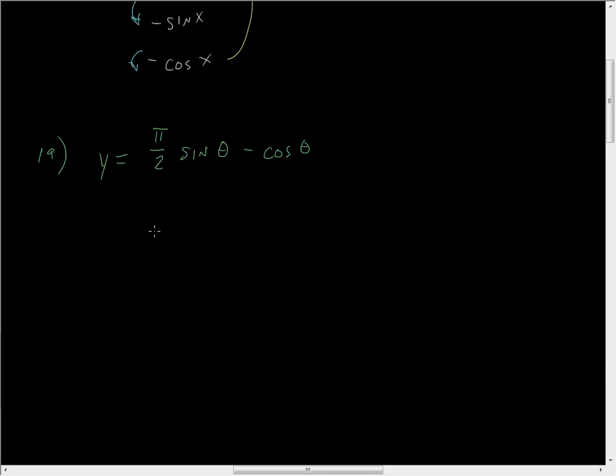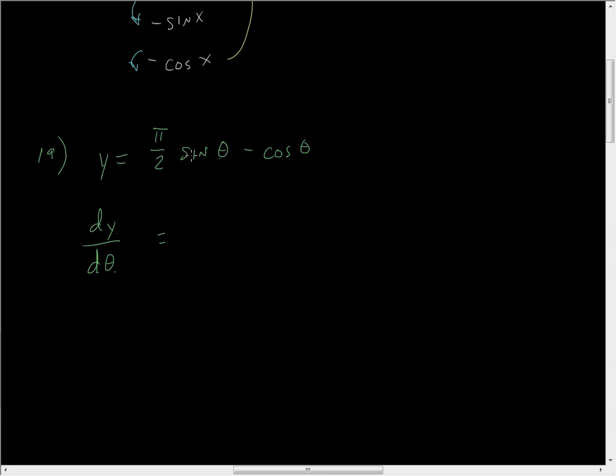Okay, now if we take the derivative, we are not taking the derivative with respect to x. There's no x. In this case, theta is the variable, and so it's dy d theta. So dy d theta is equal to pi over 2, which is a constant, so we can take that out.